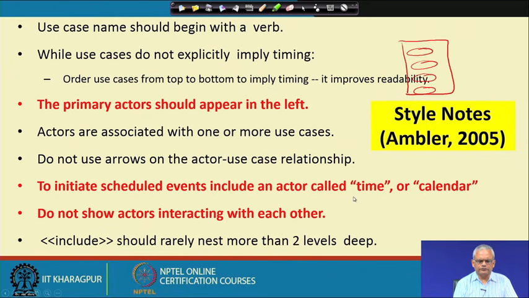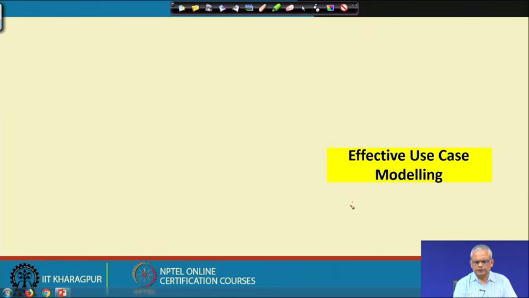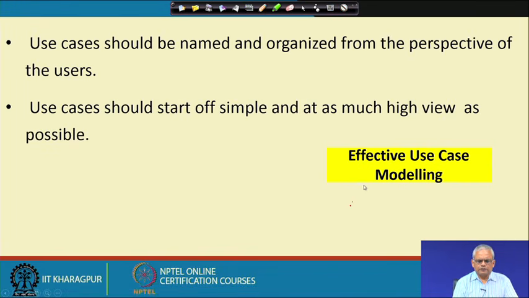When decomposing complex use cases, we should not decompose into a very deeply nested sequence of use cases. The include and extend should rarely be nested more than 2 levels deep. The use case names should be from the perspective of the users, using the users' language.